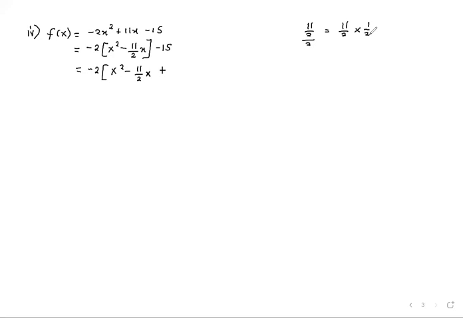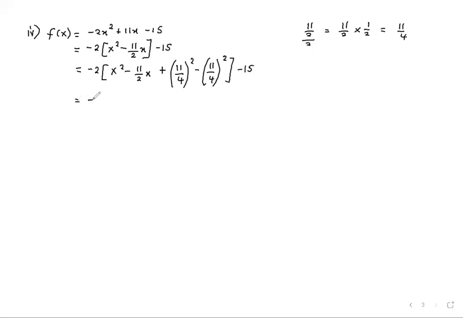So the easiest way of dividing by 2 any fraction is just multiplying it by half, so that we get 11 over 4 and bring it here as a square. Quickly subtract the same square, subtract the 15.